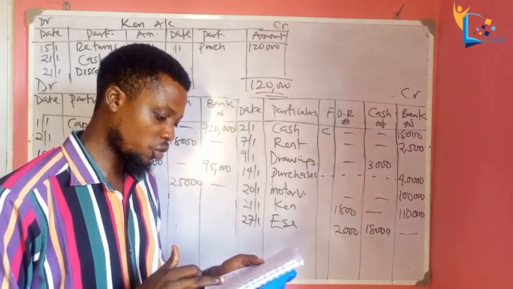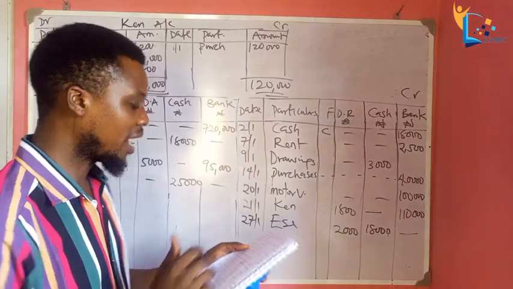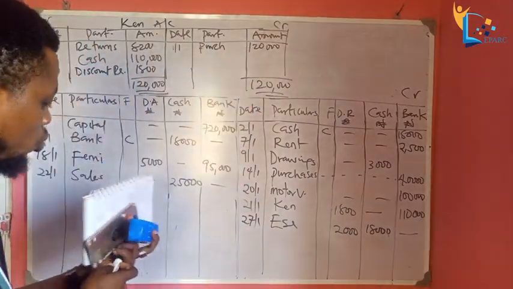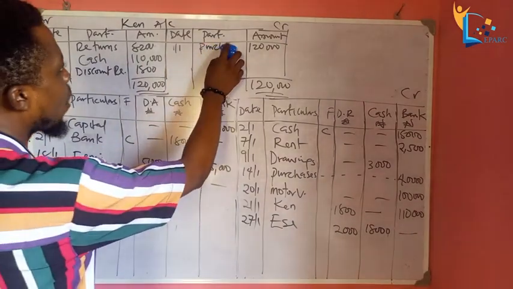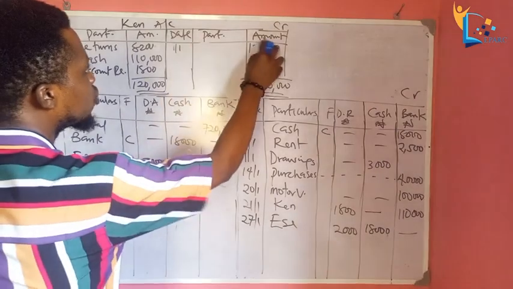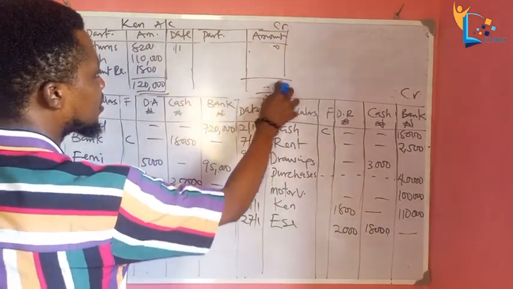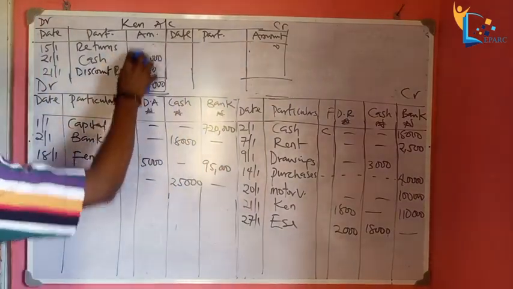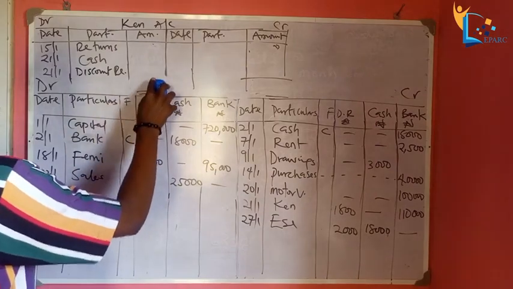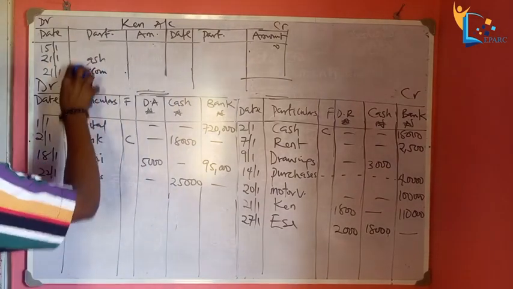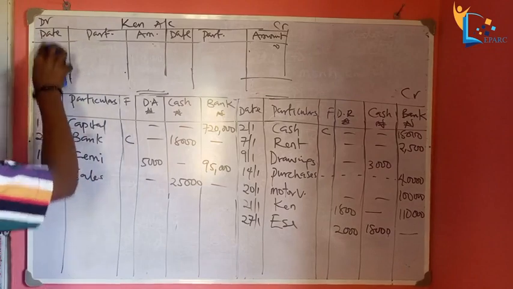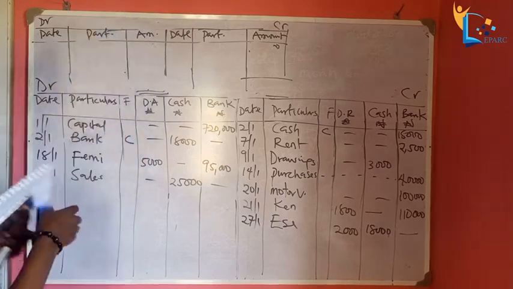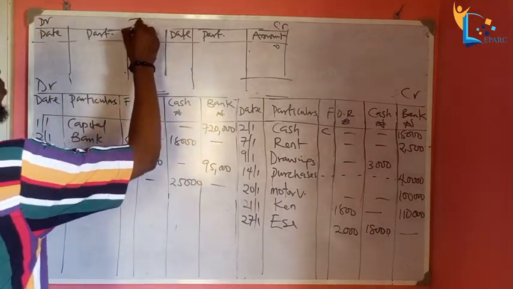Receive cash from John in full settlement of his account. Now, the way we treated it for Ken is the same way we are going to treat it for John. So let me just wipe this off so that we can treat John's account.